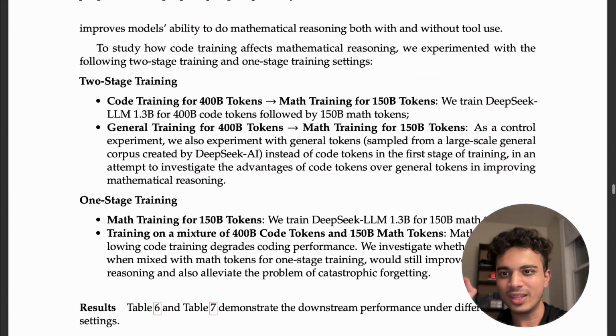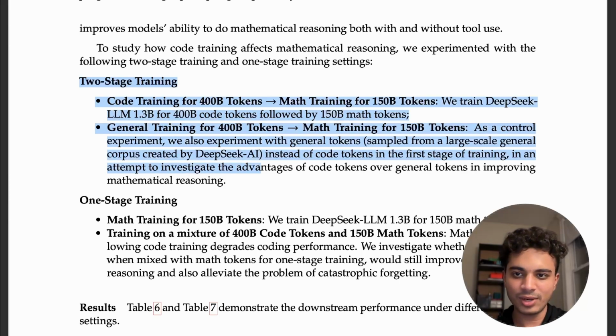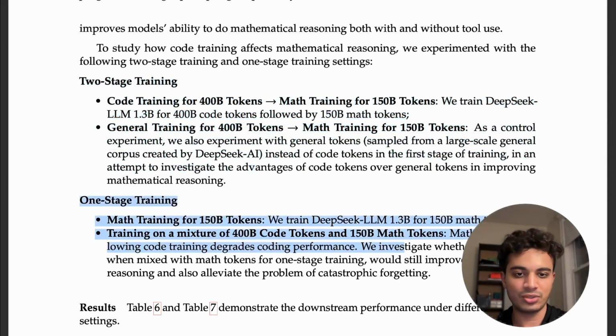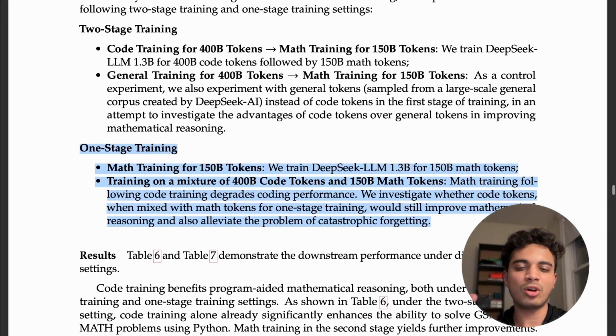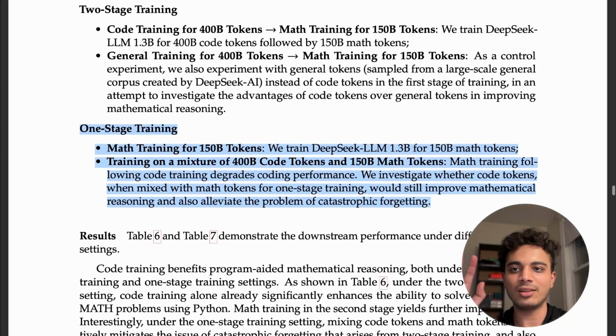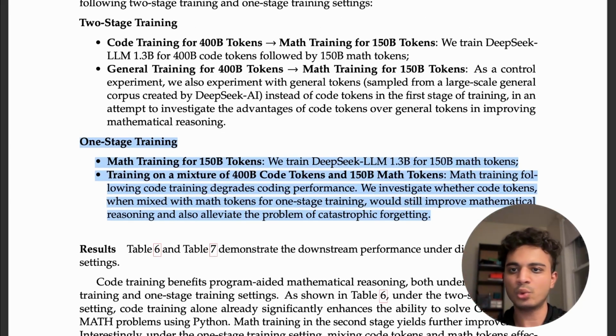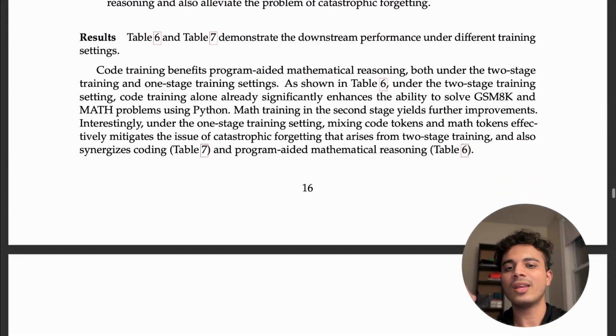I'm so sorry for that. They're doing some sort of two settings. First, they are using two-stage training, then they are using one-stage training. I want you to read through it. It's not complicated. You can just pause your video and then read through it for like 2 minutes. That's it. You don't have to understand it, just read it. Done.